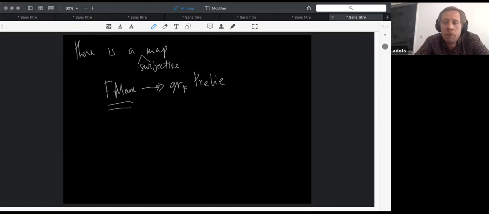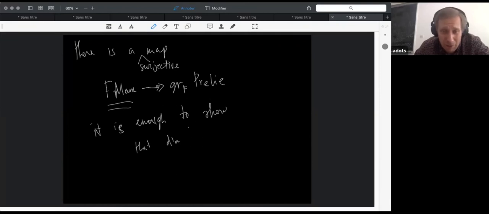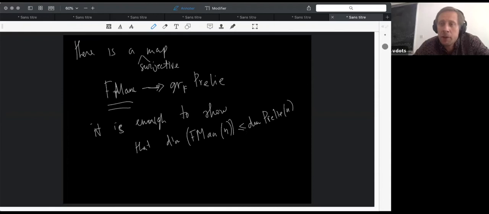I am going to show that it is enough to show that the dimension of each component of F-manifold of N doesn't exceed the dimension of Prelie of N, because this surjective map gives you a lower bound, and independently I will establish an upper bound, and this will prove an isomorphism.